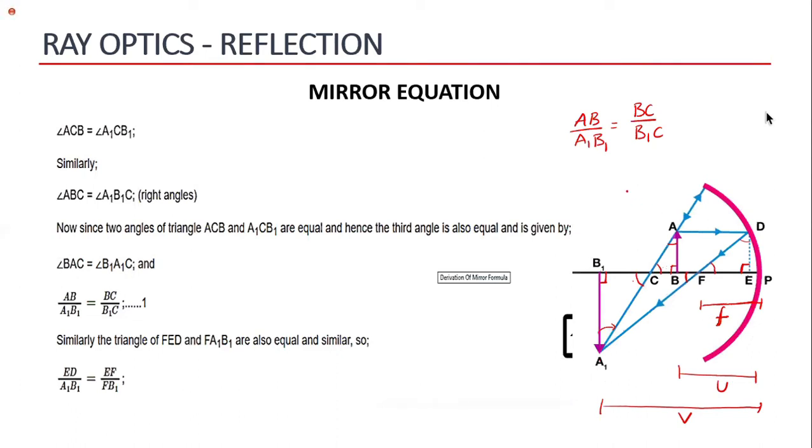So ED divided by A1B1 is equal to EF divided by FB1.